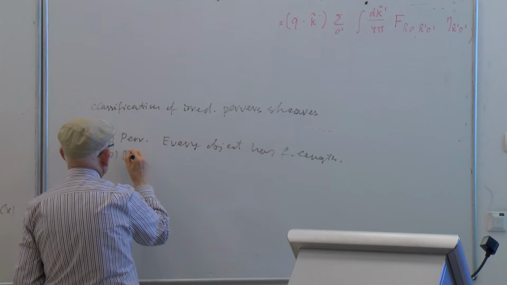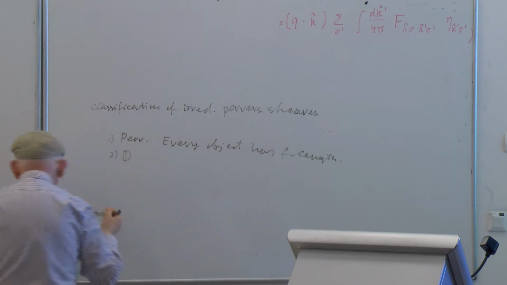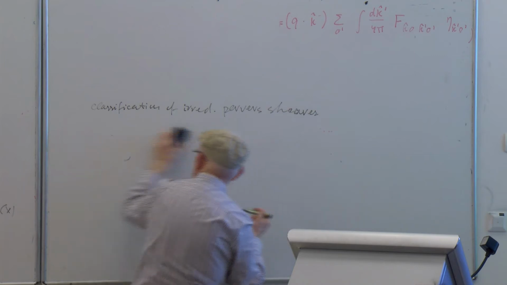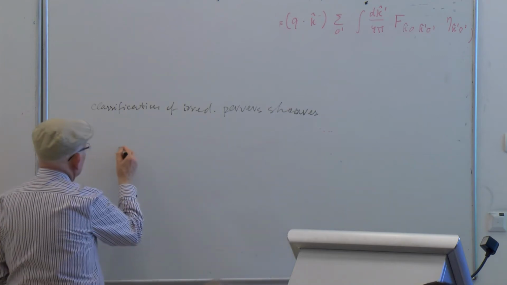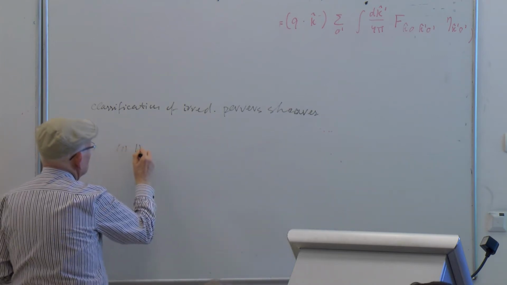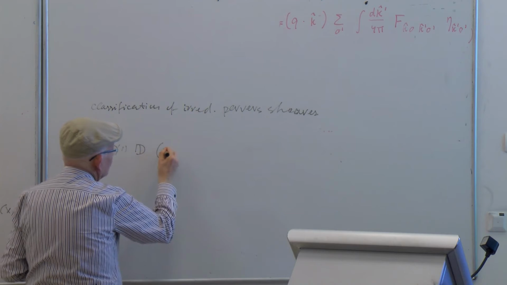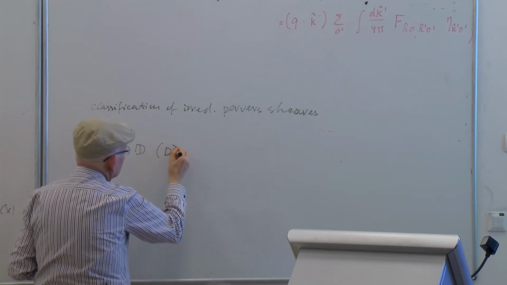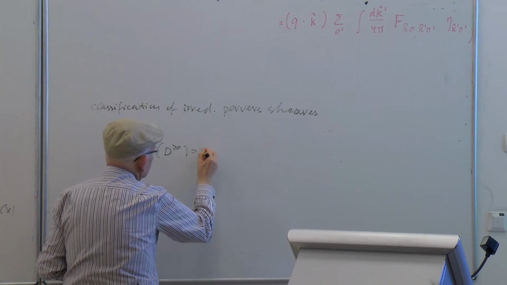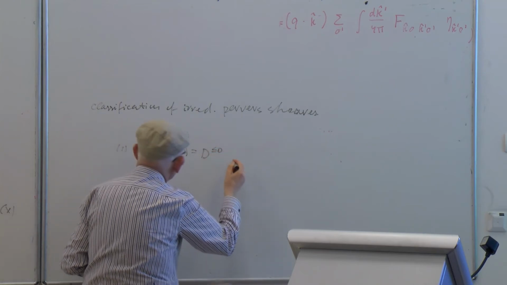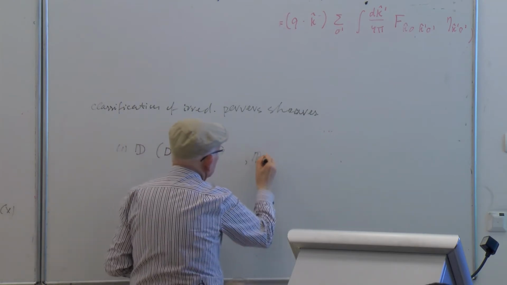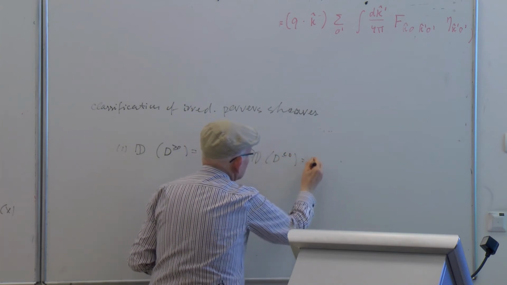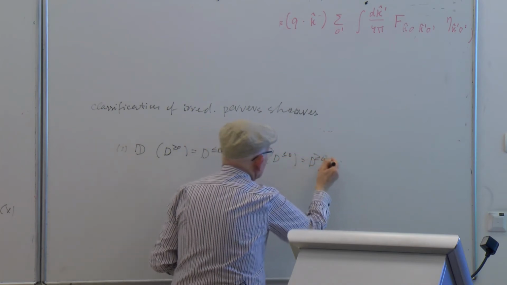Second, maybe I will write this later. First thing which we prove is how it behaves with respect to duality. D of D^{≥0} is equal to D^{≤0}, and D of D^{≤0} is equal to D^{≥0}.